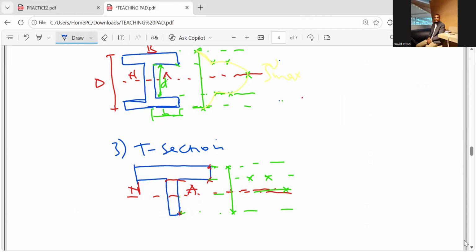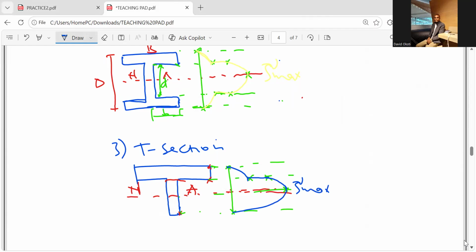So it will start from here, comes here. This is the top flange. It moves here, web, then it comes to the highest value at the neutral axis, and then it goes to 0, where still the maximum occurs at the neutral axis.